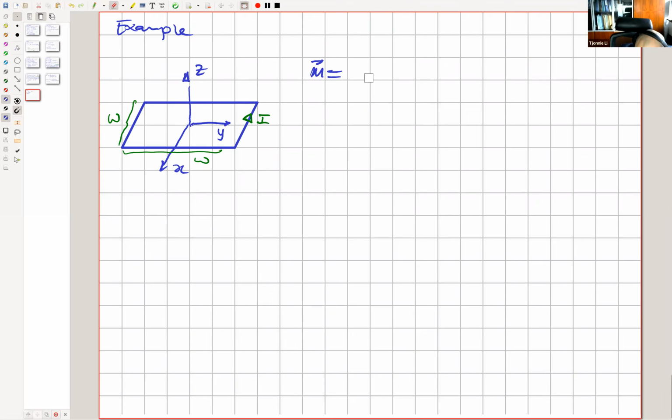Here it's just I integral over dA. In this case, what is dA? Well, here it's just the current, W squared in the z direction.